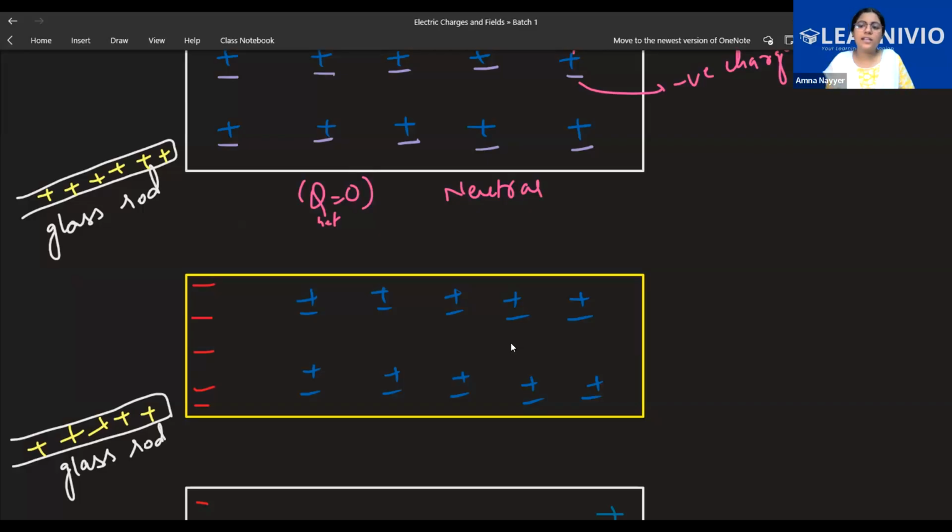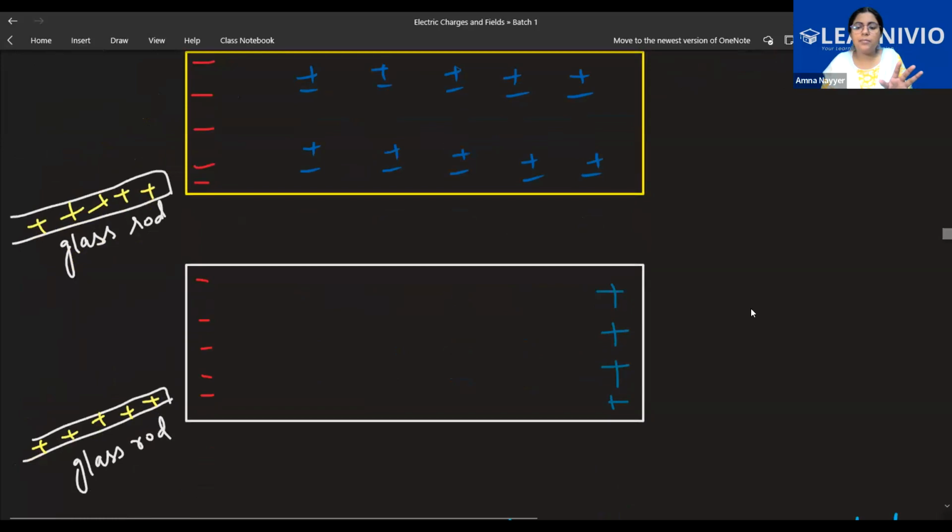Gradually, I'll be easily able to separate the positive and negative charges. Positive and negative charges will be separated in this manner.